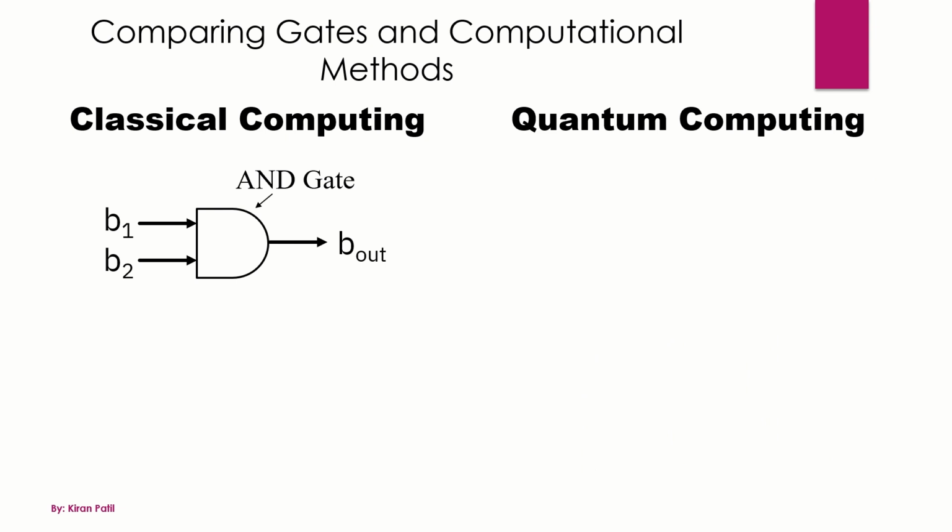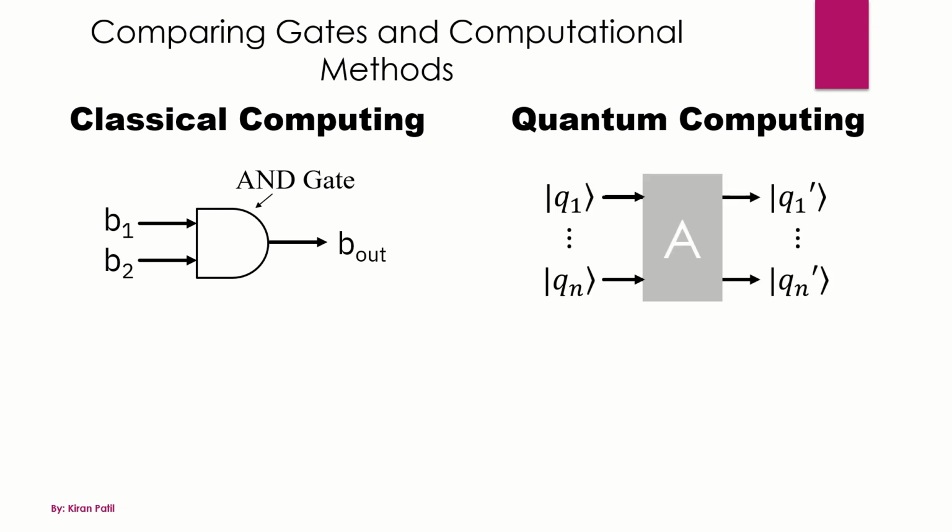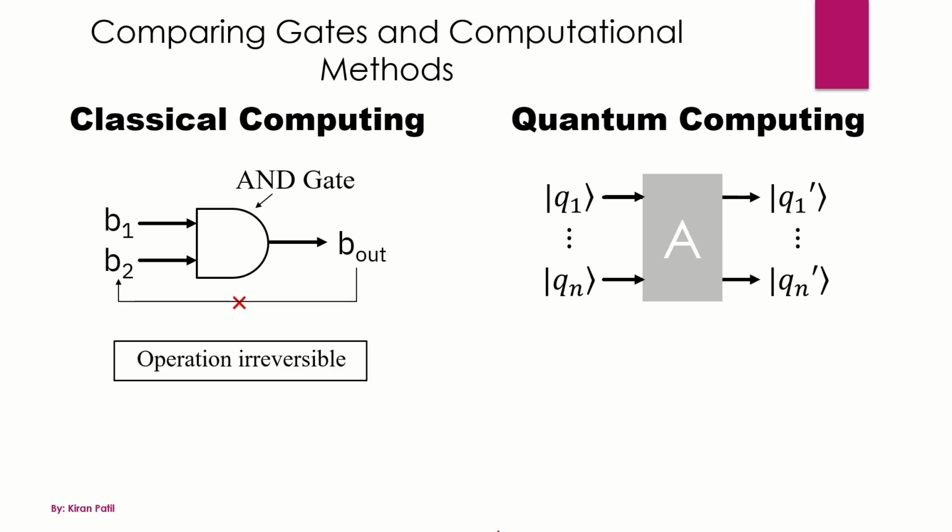Then the next difference is, we know that in a classical computer the output is irreversible. As shown in this diagram, B1 and B2 are the inputs to the AND gate. So whatever output I am getting over here, it is irreversible. I cannot convert this output back to the input.